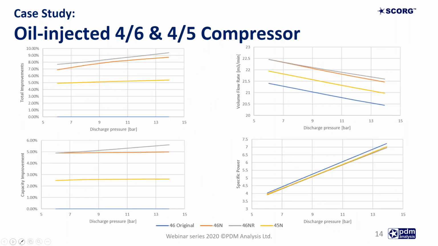SCORG allows for automation of the optimization process with pressure, speed, and temperature loops. 5 cases were run for each profile setup with different discharge pressures, and it can be observed that the 4-6 N profile with reduced center distance is the optimal solution in this case with minimal specific power and maximum flow rate.